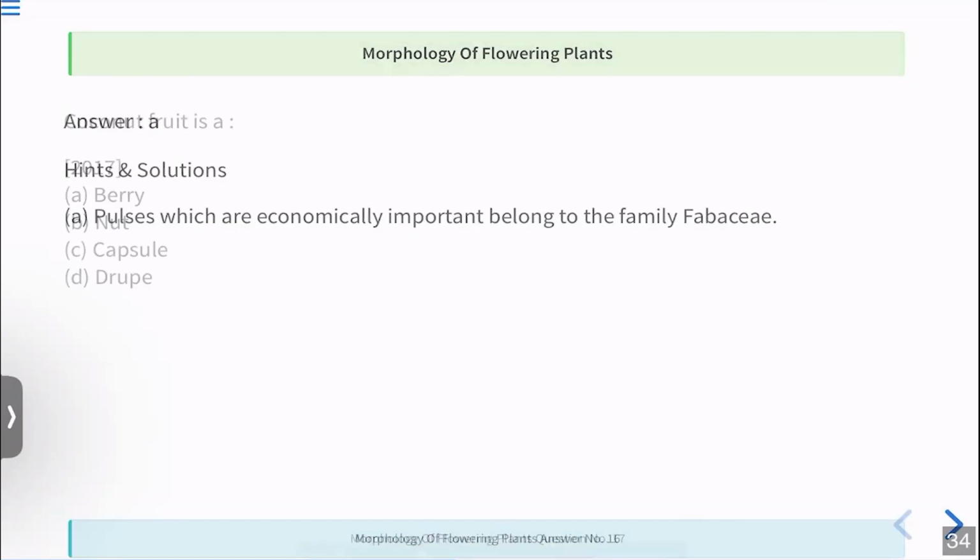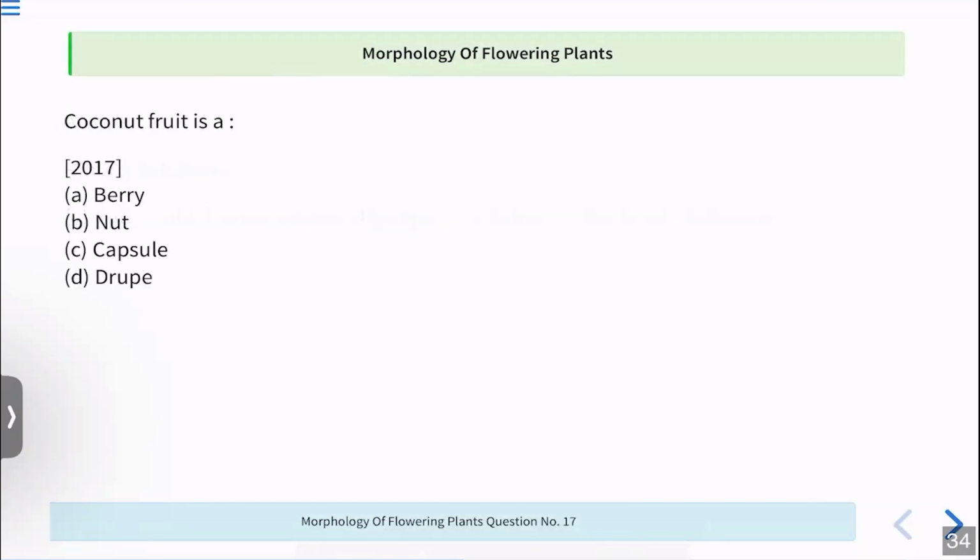Okay. Moving ahead, coconut fruit is very interesting. Will you believe that there is similarity between a coconut fruit and mango?